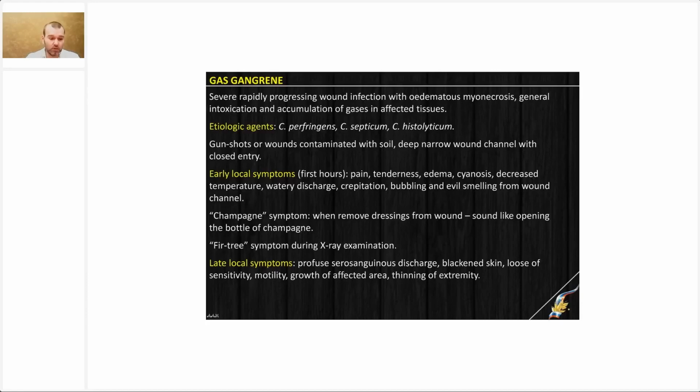The affected person will lose sensitivity in the affected extremity because of massive destruction of some central nerves, and blood oxygenation will be lost. Muscles will be destroyed, so motility will be affected, and in the late stage lost. And of course, all symptoms such as tenderness, pain, and edema will prevail on the whole extremity, and the whole part of the body can be involved.